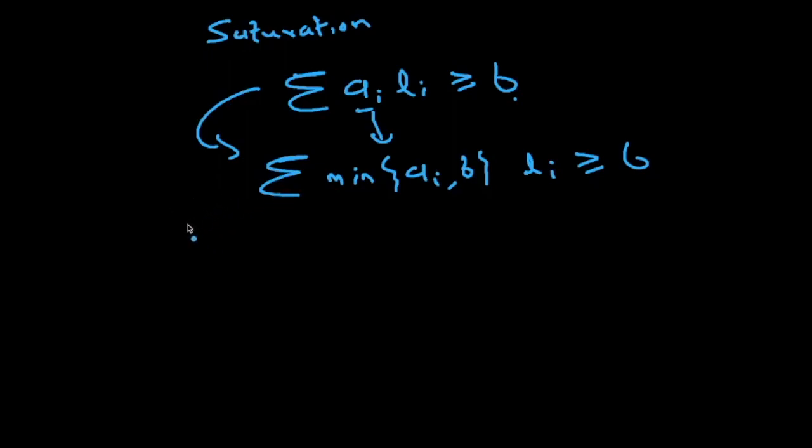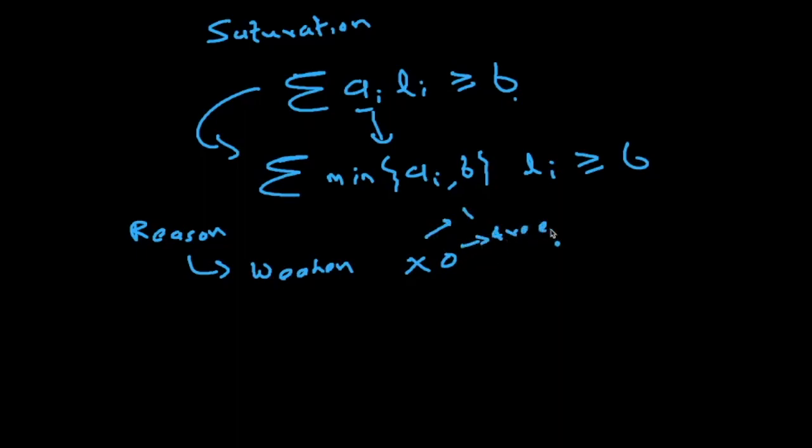In the paper they have shown that if we take a reason and first weaken all non-falsified literals, which can be literals assigned to value 1 or free, and then do this saturation, so we look at the coefficients and whatever coefficients are bigger than B, we make them B, this is totally valid.